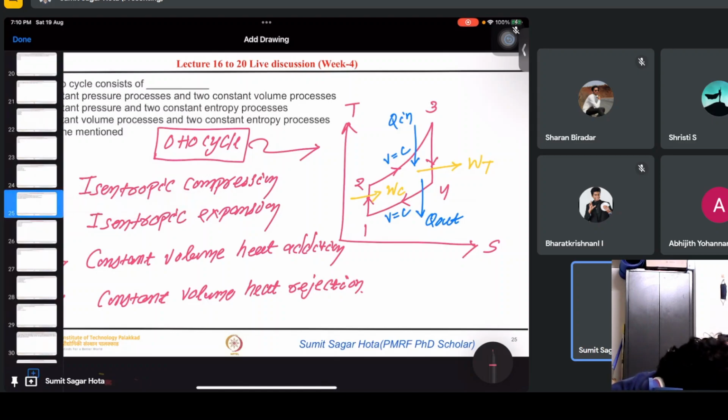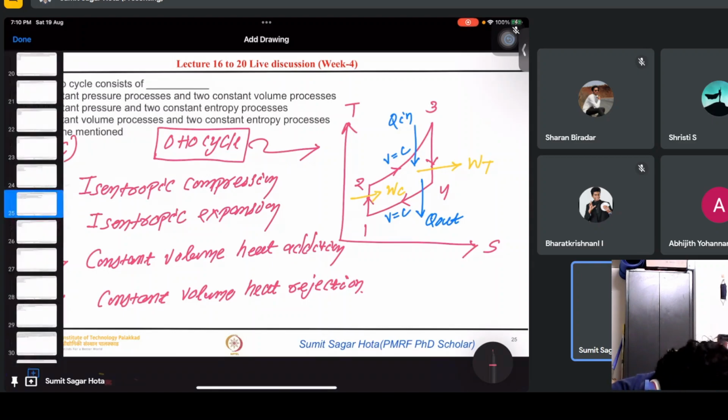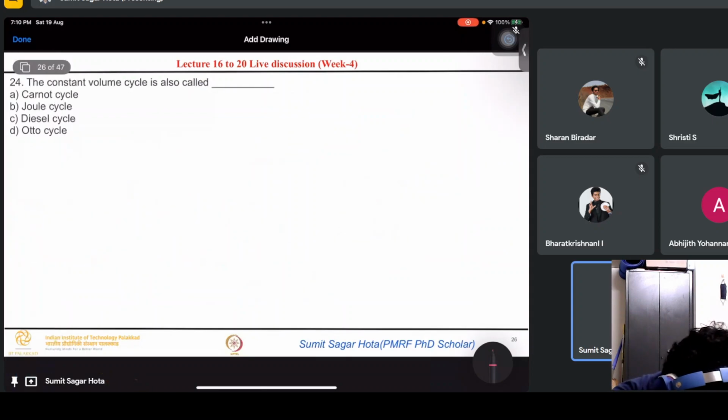So what is the answer? C: two constant volume processes and two constant entropy processes. Constant entropy means isentropic. Now you see, in the Otto cycle two constant volume processes and two isentropic processes are there.